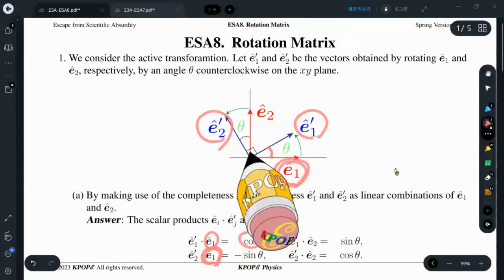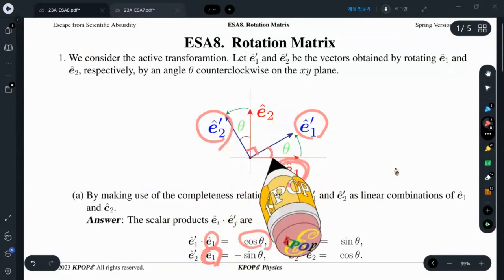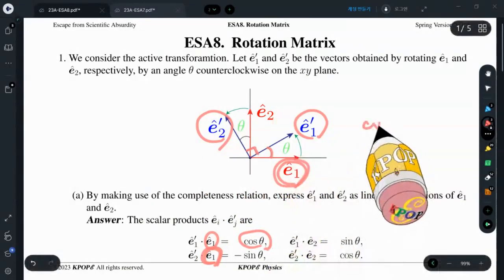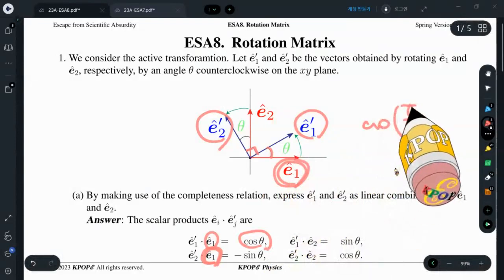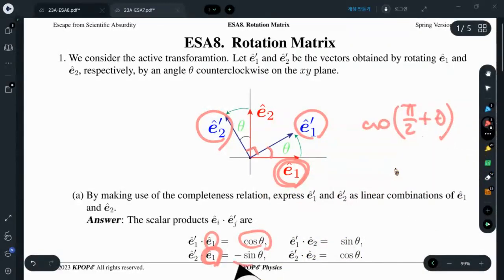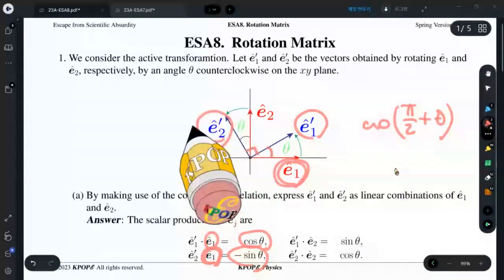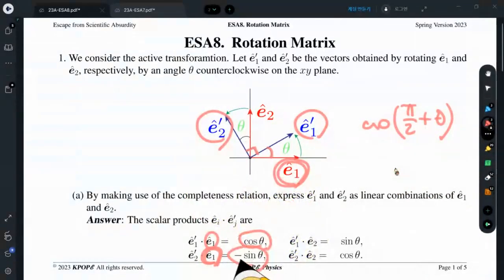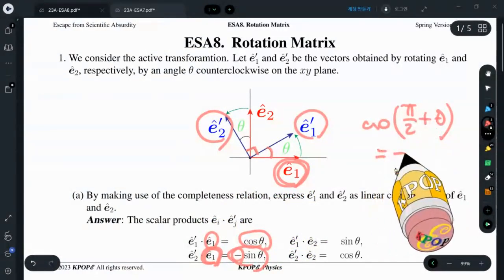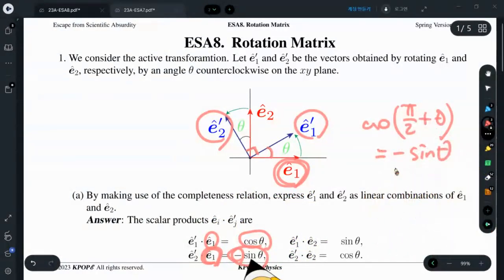E2 prime, they have a right angle plus theta. So it should be cosine of right angle plus theta. The result is, it is on the left side, so it is minus, and because of 1/2 of pi, this is minus sine theta.